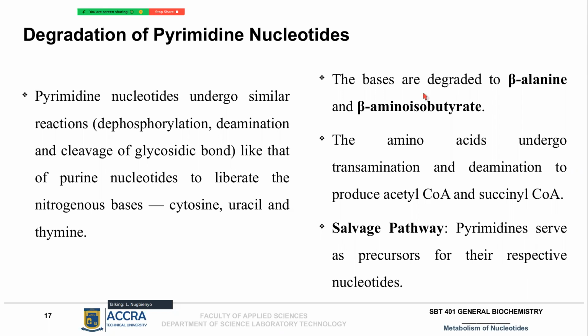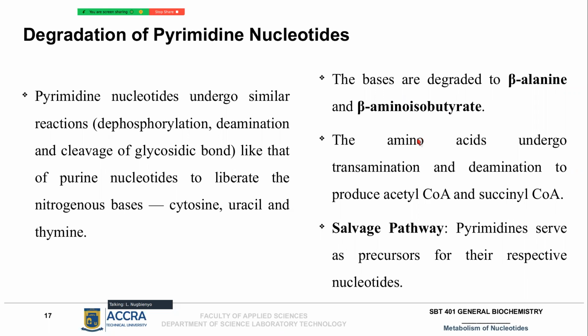And so this degradation will go back into the formation of an amino acid, beta-alanine, and then some beta-aminoisobutyrate, which is a derivative of an amino acid. So it's an amine group, amino, then some 4 carbons. So isobutyrate is like a carboxylic acid group. So isobutyric acid is also being referred to as isobutyrate.